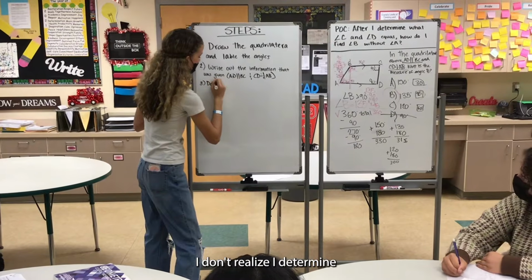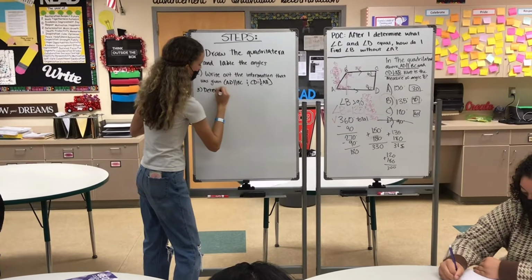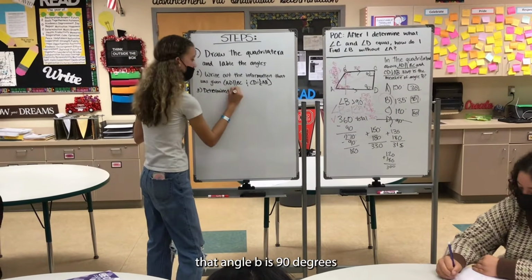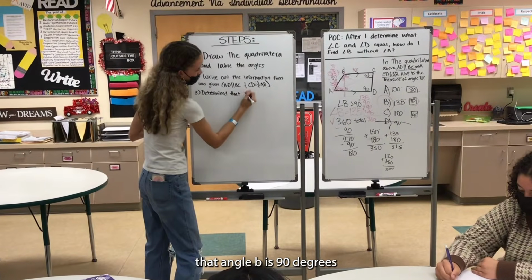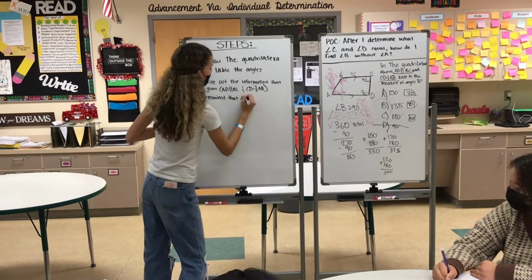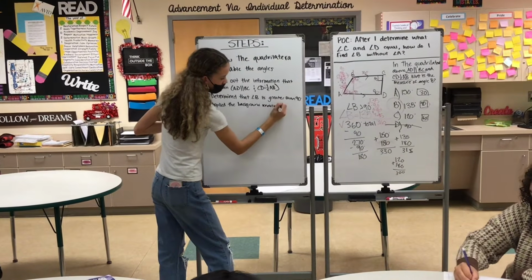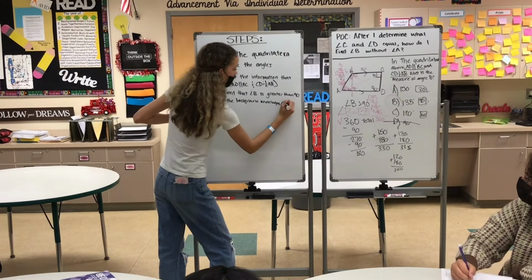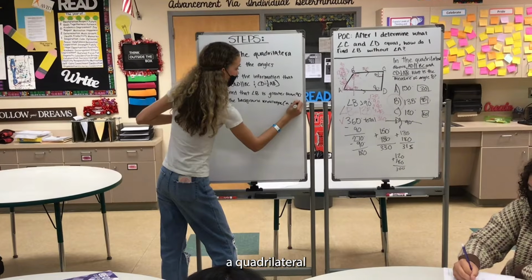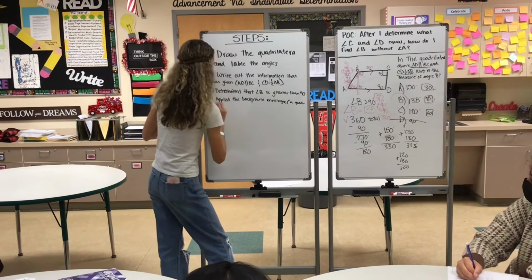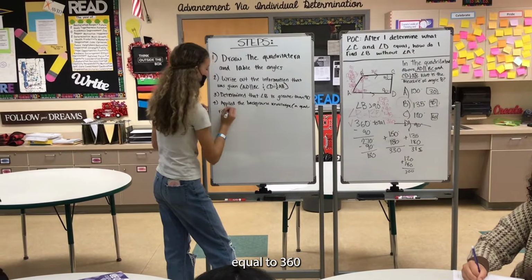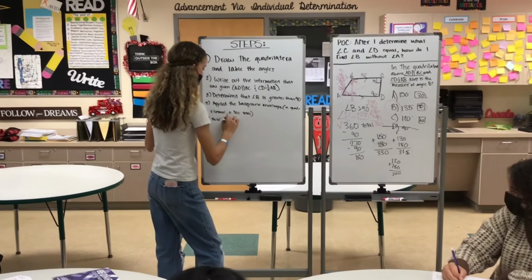I came to realize or determine that angle B is greater than 90 degrees, which was that a quadrilateral equaled up to 360 degrees.